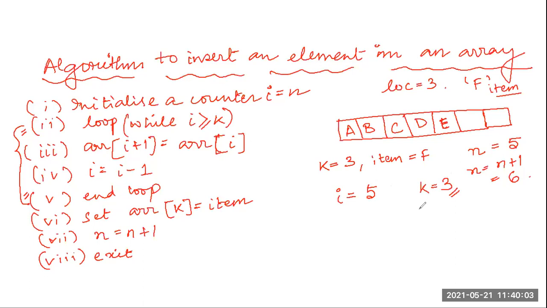Then what is it checking? It is checking whether my number of elements is greater than this. Why is it checking so? Because this is an algorithm to insert an element in between an array, at any location in between the array. If my array has 5 elements and I want to enter some element in the 10th location, it is not that algorithm.